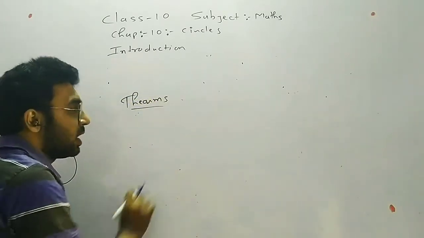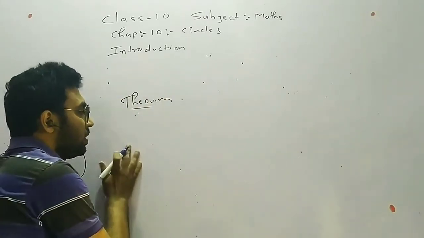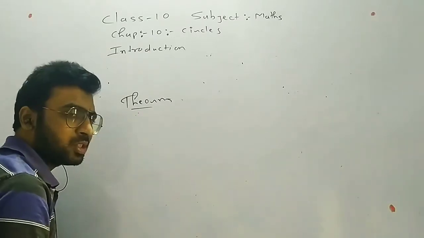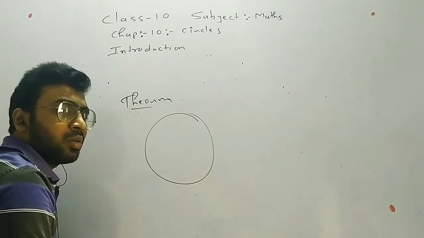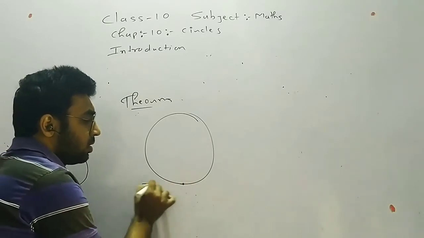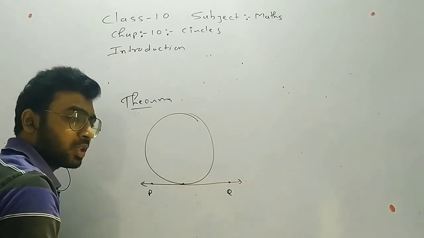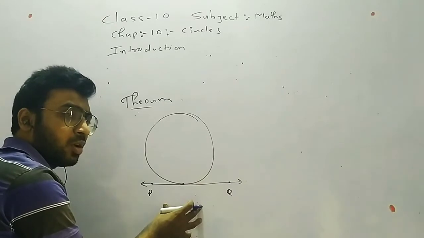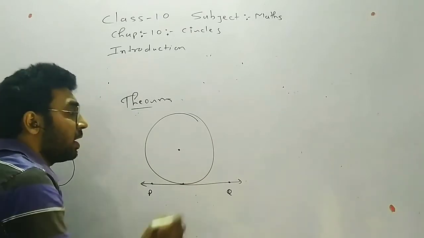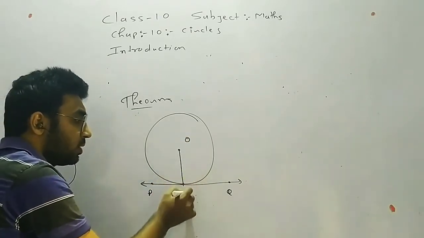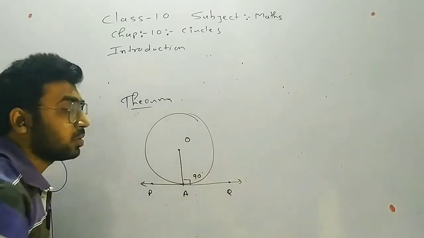The theorem says that for any circle, the tangent to the circle and the line connecting the center of the circle to the point of contact are perpendicular to each other.